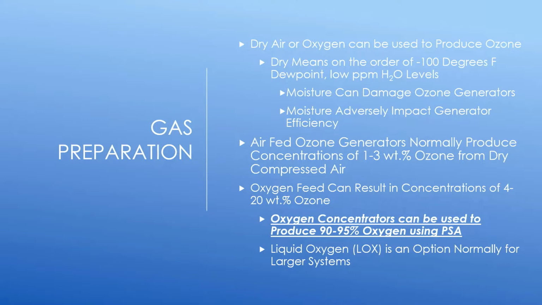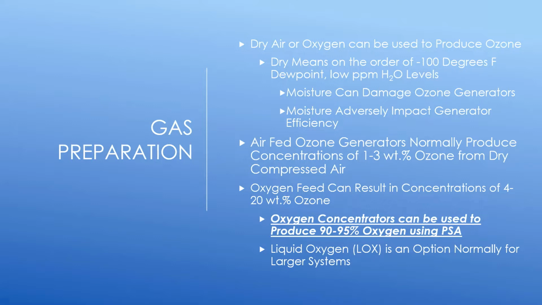There are two common gases used for ozone generation. Air, which has been dried, can usually produce ozone in the 1 to 3 weight % concentration range. And oxygen feed can produce concentrations up to 20 weight %.